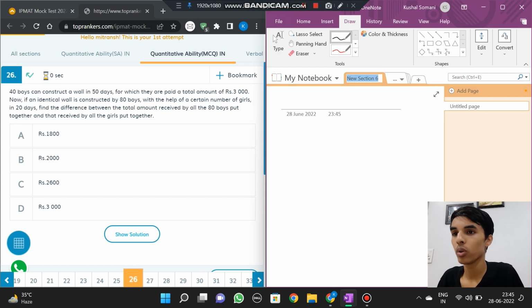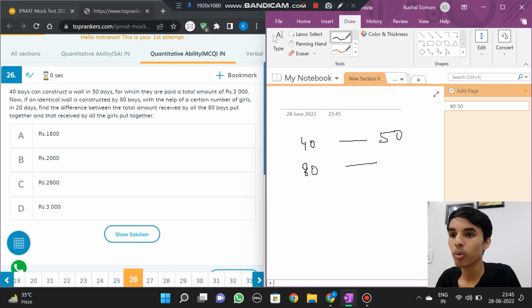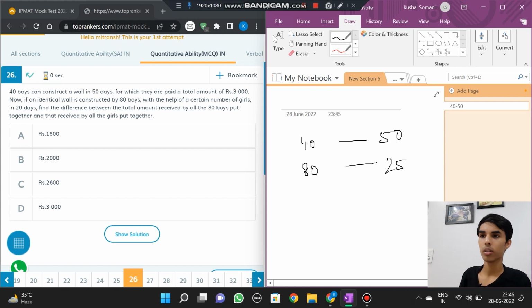Now, we know that the number of boys has doubled in both these cases. So 40 boys are constructing the wall in 50 days, and now 80 boys are employed, which means that the wall should be constructed in 25 days. Since the number of people has doubled, the time taken should be halved.